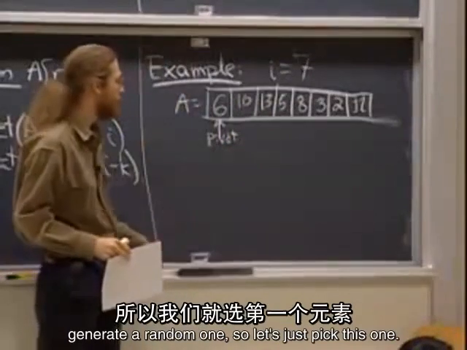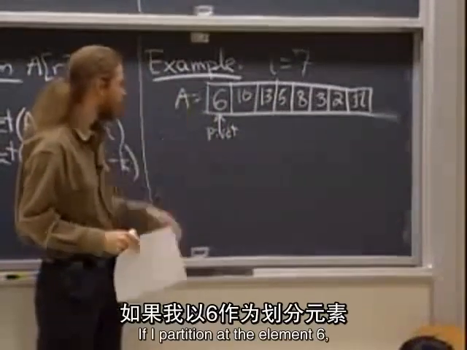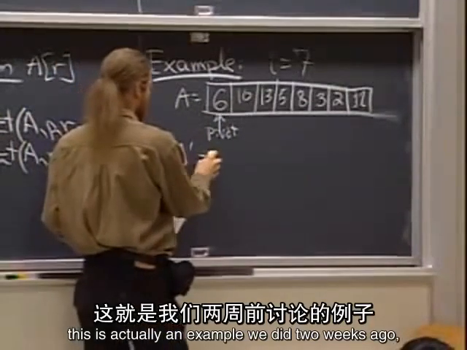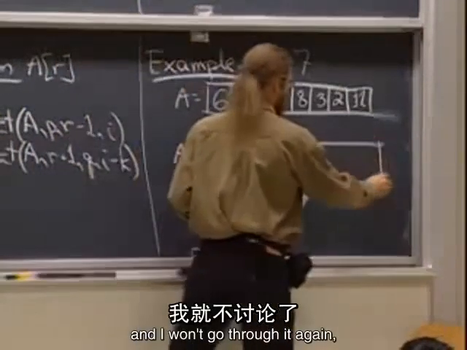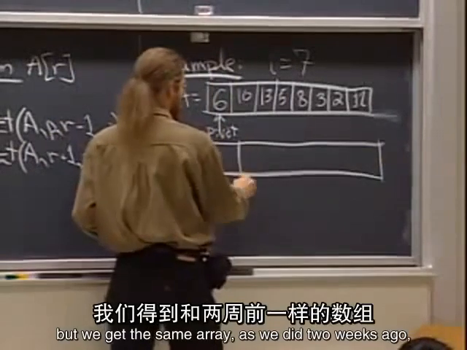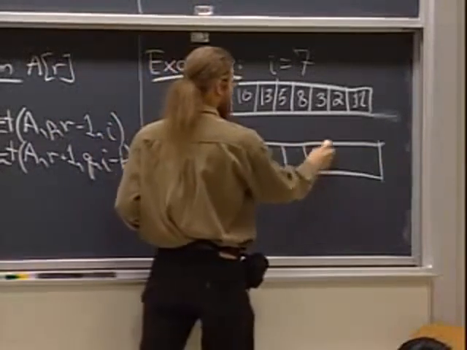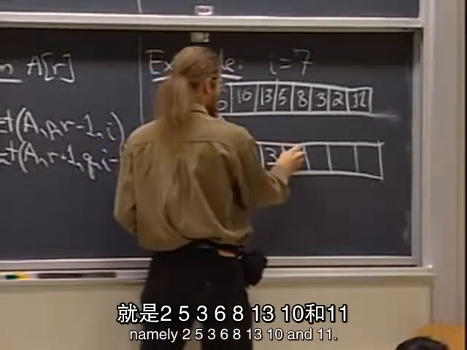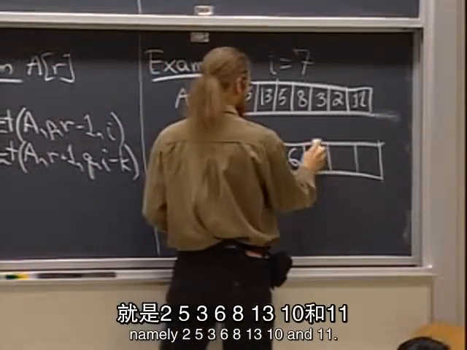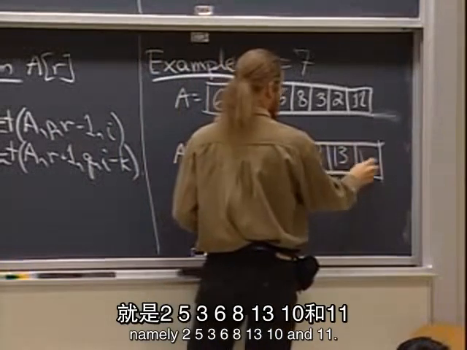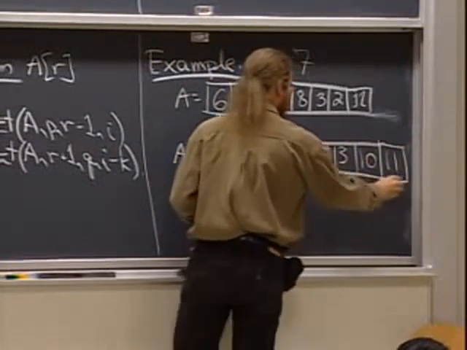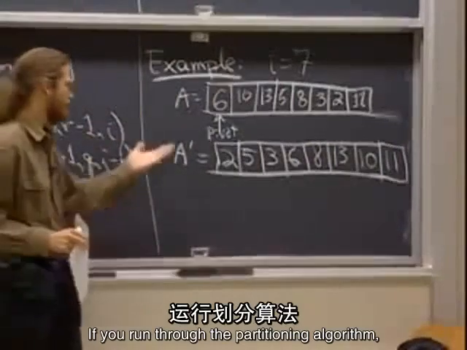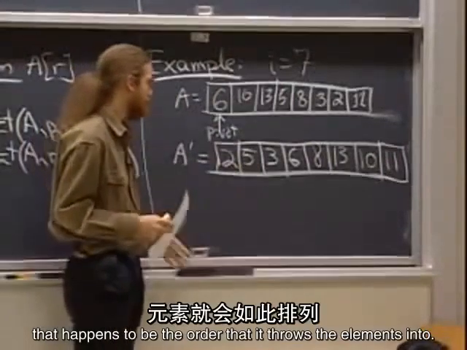So let's just pick this one. If I partition at the element 6, this is an example we did 2 weeks ago, and we get the same array: namely 2, 5, 3, then 6, then 8, 13, 10, and 11. If you run through the partitioning algorithm, that happens to be the order it throws the elements into.